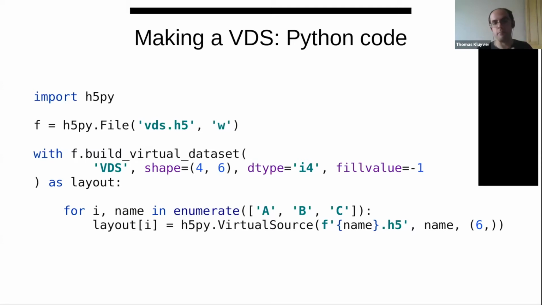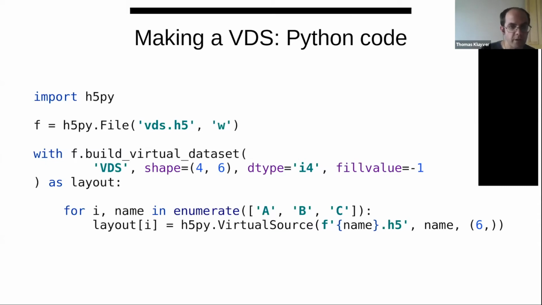The first row in that will be from file A, the second row from file B, and so on. And the fourth row is left empty because we don't put anything in it. So this is a very concise but flexible interface that lets you put together virtual data sets.